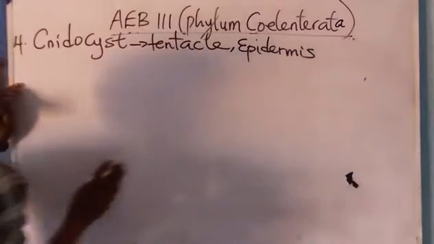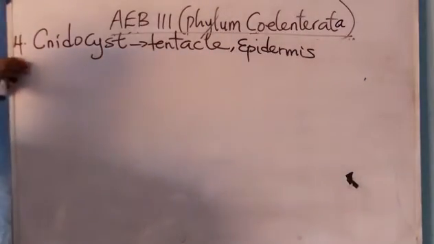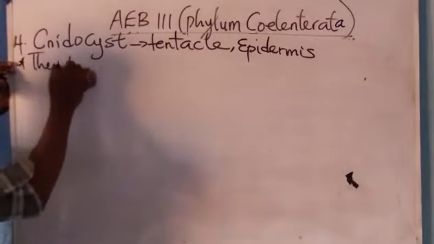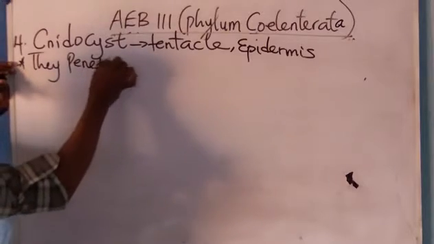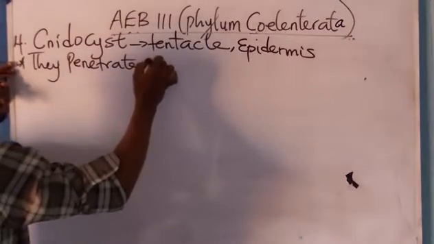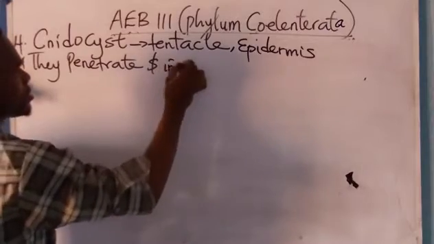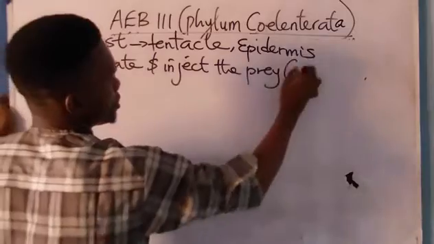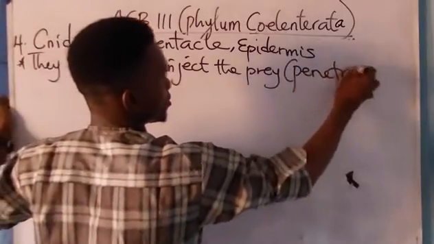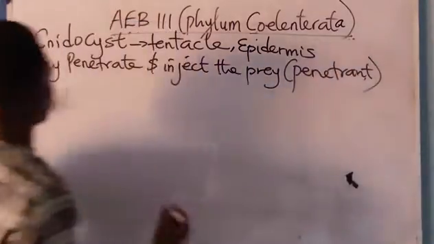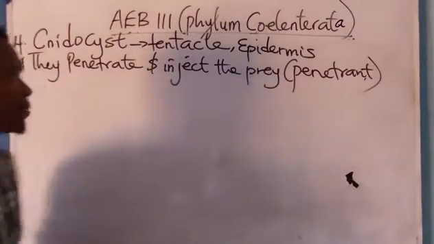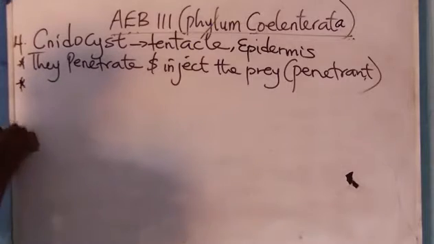What is the function of these cells? One, they penetrate and inject the prey with poison, so you call this penetrant.